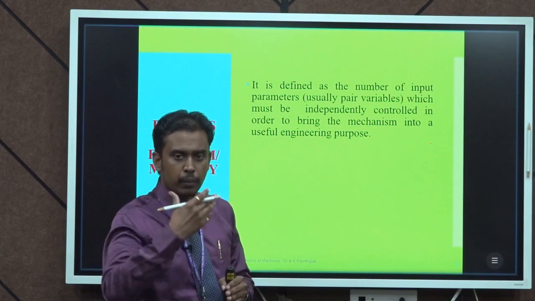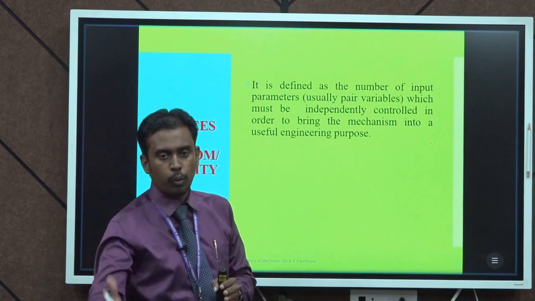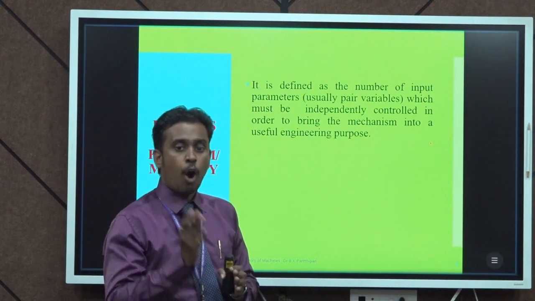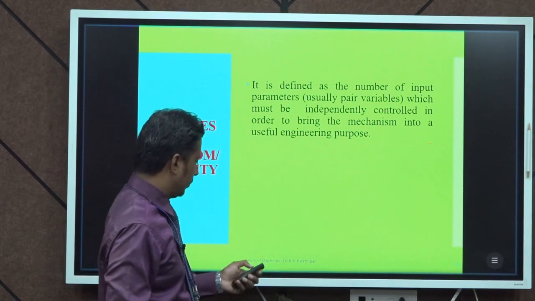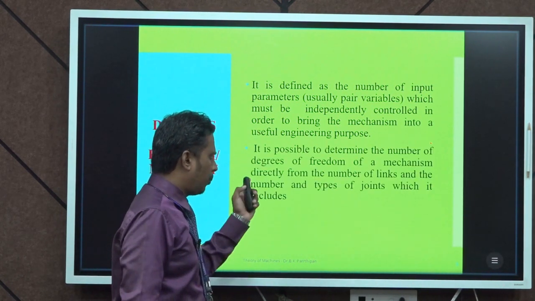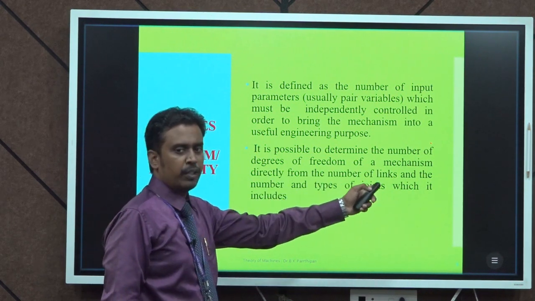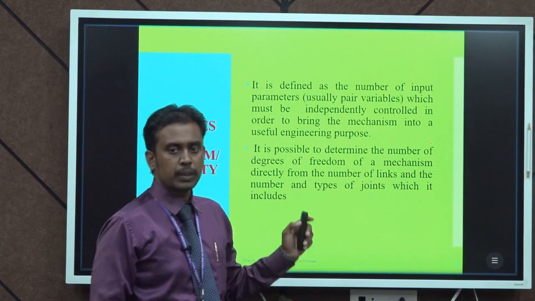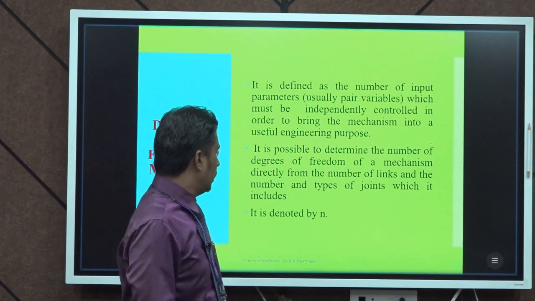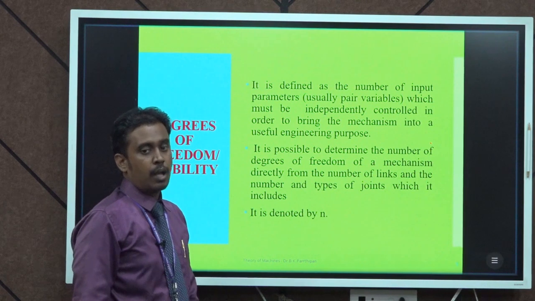To convert any arrangement into a mechanism doing work, we have to give an input. So, how many inputs are required to control the mechanism, that is known as degrees of freedom. It is possible to determine the degrees of freedom based on the number of links and number of joints present in that kinematic arrangement, and it is denoted by n.